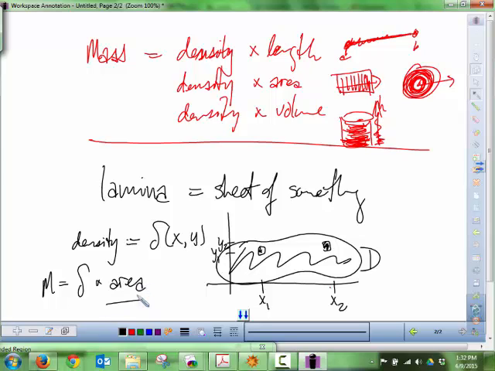I'm sorry, if you're doing volume, right? This is a flat two-dimensional lamina. It's a flat sheet, and at some point on the sheet, it's thicker than at another point. What's your variable? The variable is going to be x and y.